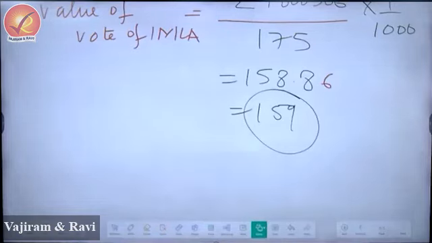So when any of the MLAs voted for Mrs. Murmu or Mr. Sinha, what actually got added in their favor was not +1, because their value of the vote was not +1. What we actually added was plus 159. That is the vote value of any of the 175 MLAs representing the people of Andhra at the second tier in the election of the president.